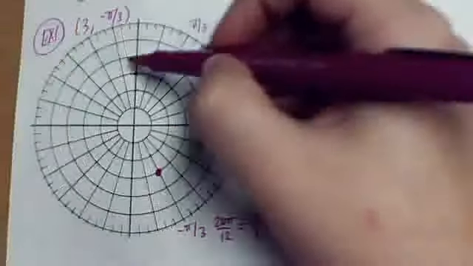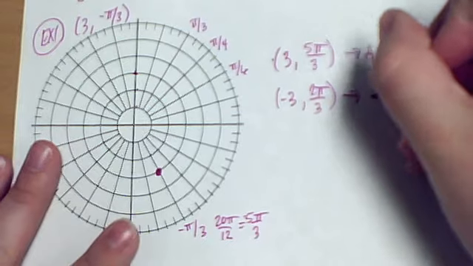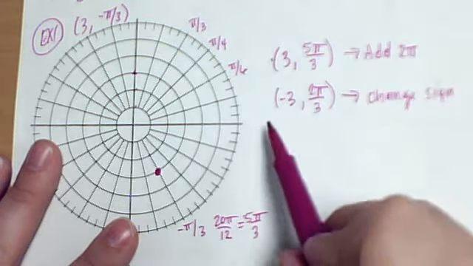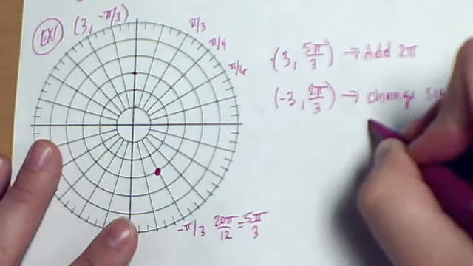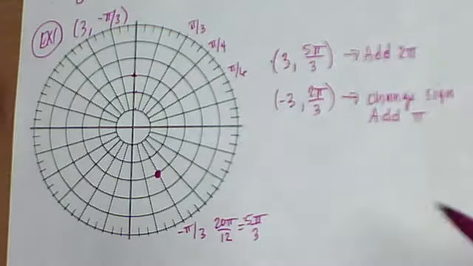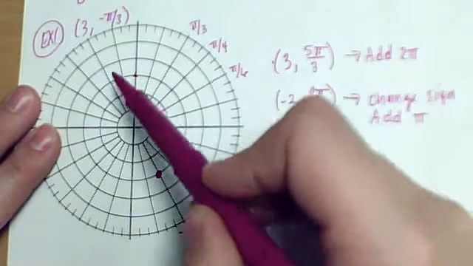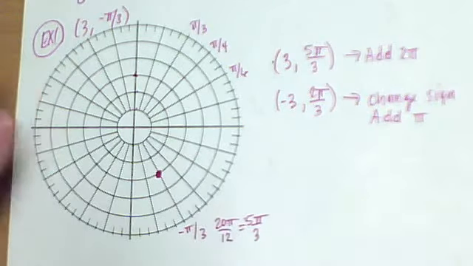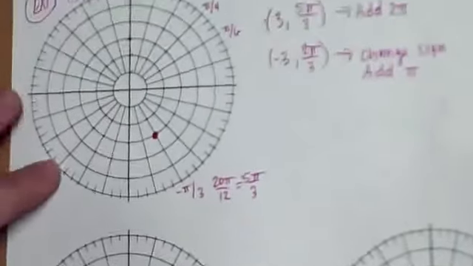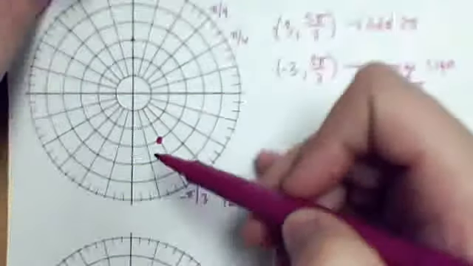Basically I went around pi, so I flipped the sign of that, because the negative is what reflects it, and then I basically added pi, because I went halfway around. So if I plotted this, I would go to 2 pi over 3, and then the negative is what reflects it over. There's our two coterminal angles, so it still ends up at the same point.